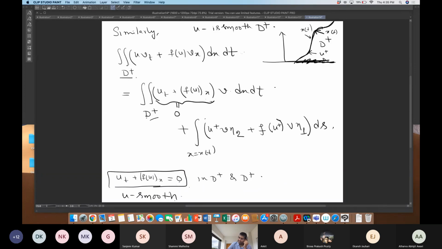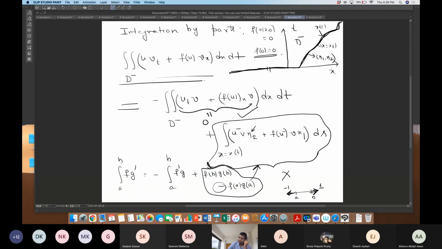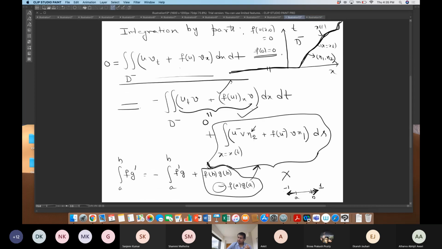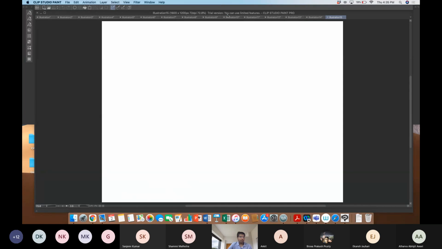Now I am saying that this is equal to this. Yes or no? This is 0, also this is 0 because it's a weak solution. So both should be equal, and this is also 0. So what is left? The boundary terms. Exactly. Only the boundary is left.